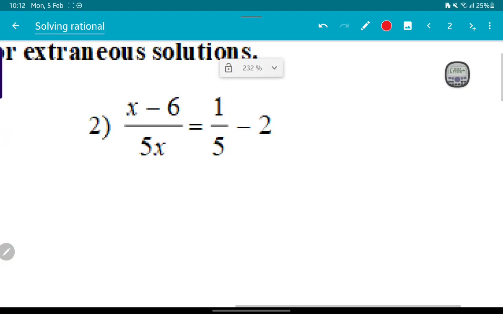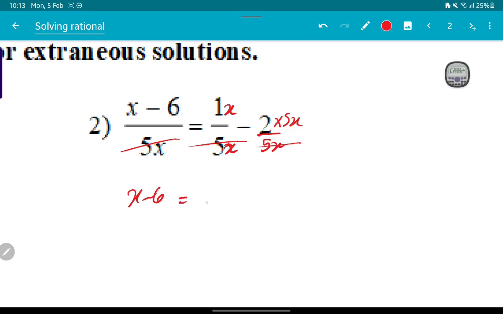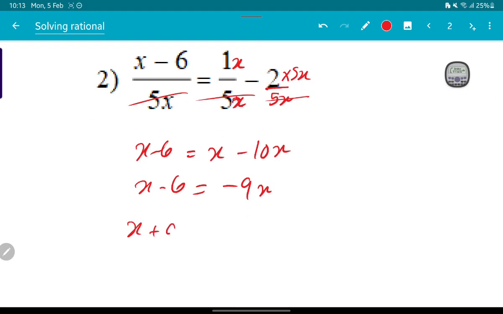Here we need to multiply by x, and this is over 1, so multiply by 5x, times 5x. Now we can cancel all of them. This is x minus 6, x minus 10x. This is negative 9x, x minus 6, x plus 9x when we send this to the left side, and the 6 to the right side. 10x equals 6.